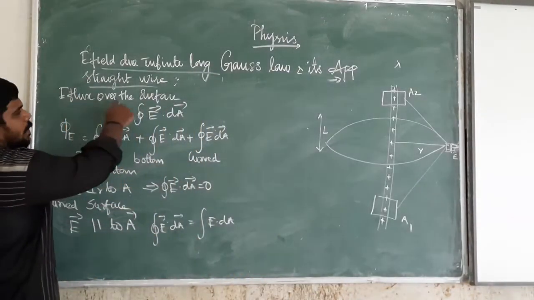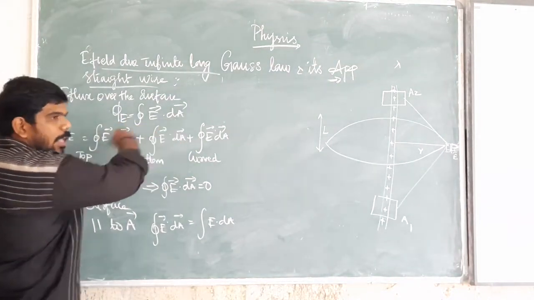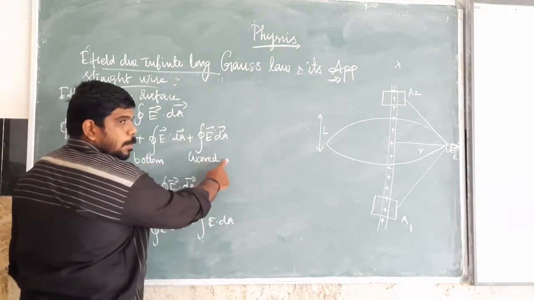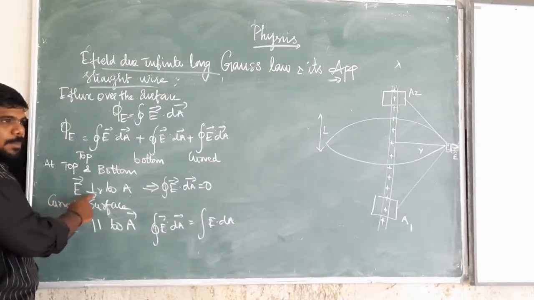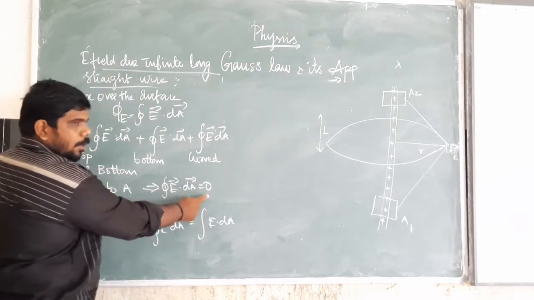So the electric flux over the closed surface, phi of E, is equal to the closed integral of E vector dot dA vector. Here we have three surfaces: top, bottom, and curved. At the top and bottom surface, the electric field will be perpendicular to the area, so the integral of E vector dot dA vector is equal to 0.